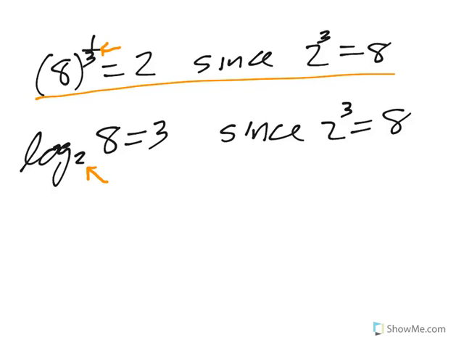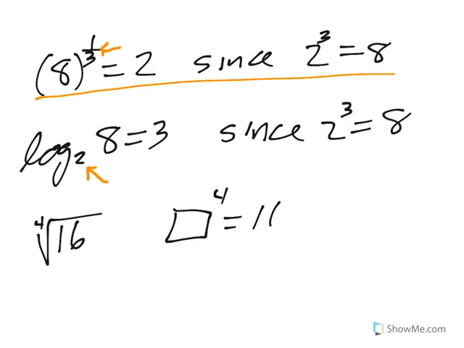So again, a fourth root of something. You're saying, all right, fourth root, something to the fourth got me 16. Some number to this given exponent got 16. Oh yeah, that must be 2.